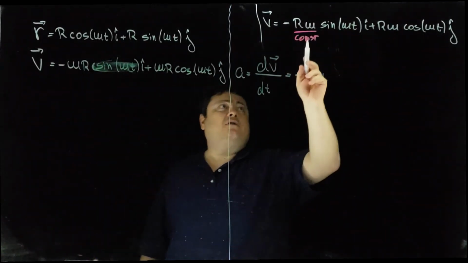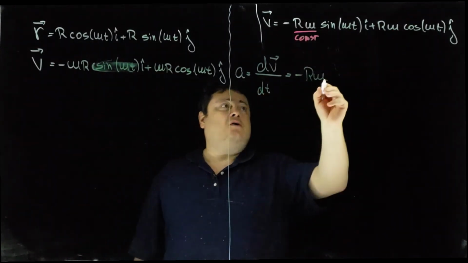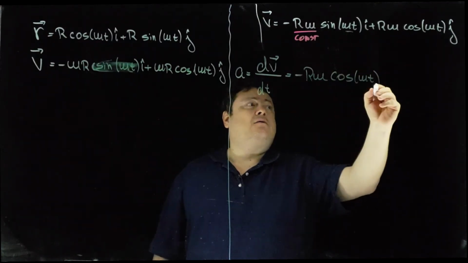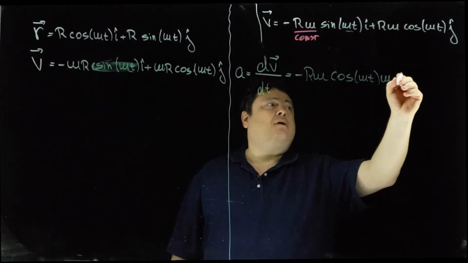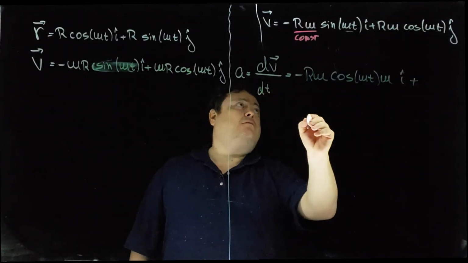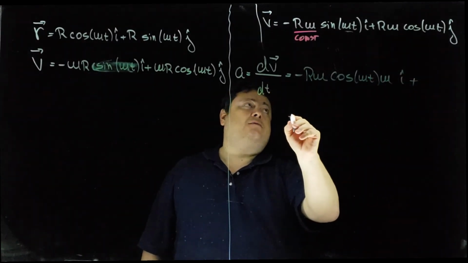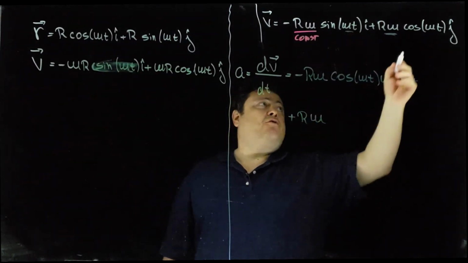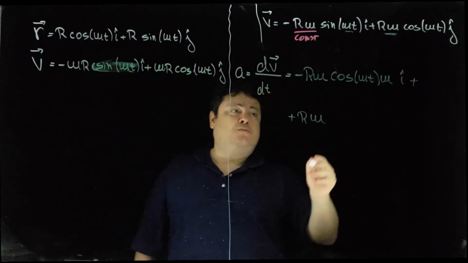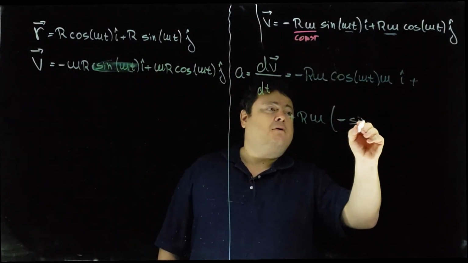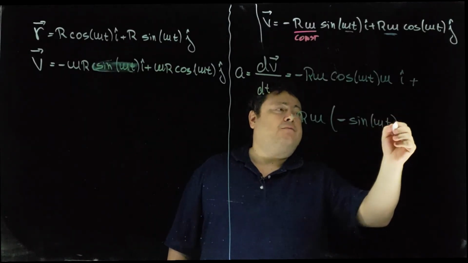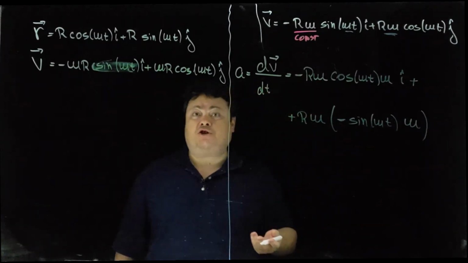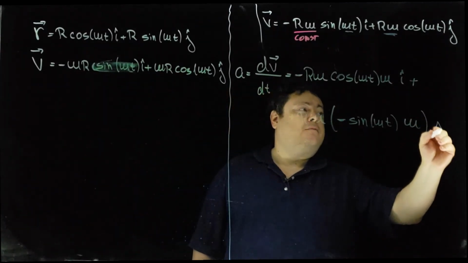Now the derivative of sine of omega t is going to be cosine of omega t multiplied by omega in the i hat direction plus here again r omega is not affected, r omega. Now the derivative of the cosine of omega t is going to be negative sine omega t. This also needs to be multiplied by omega because of the chain rule. Finally, j hat.